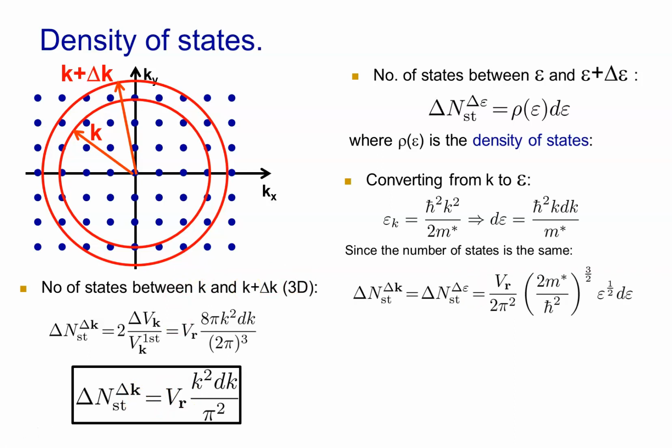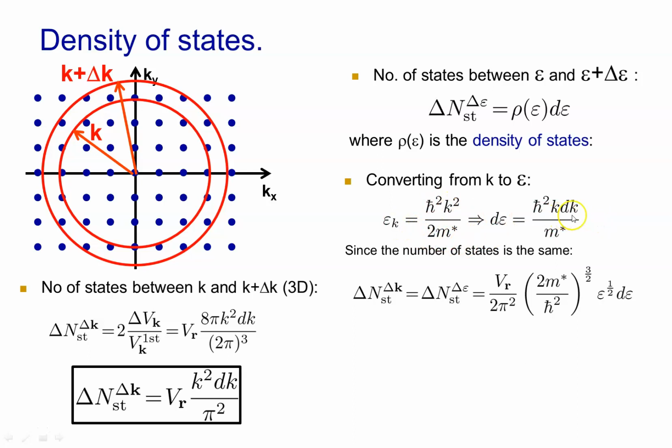So what we want to do is essentially convert this result into energy, right? If I know the energy of these states, which I do, all these states at the vector k have energy E_k, which is h bar squared k squared over 2m star.